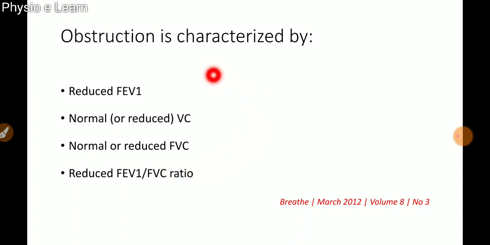The second thing you will see is a normal or reduced FVC. If it is reduced, it will be only slightly reduced, not markedly reduced like FEV1. So the hallmark of the obstructive pattern is reduced FEV1 and reduced FEV1 by FVC ratio.